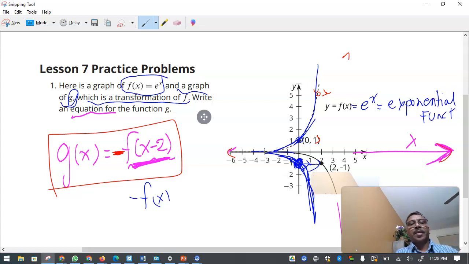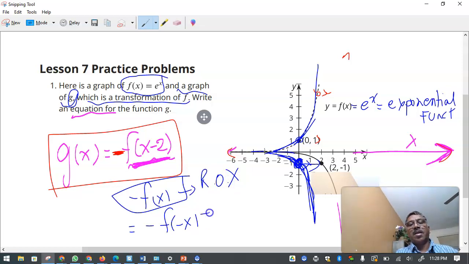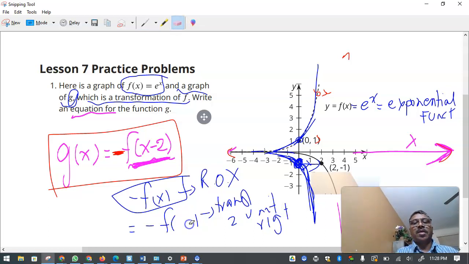And then you put minus. So the first step is you reflect over the x-axis, and then you translate 2 units right. When you translate 2 units right, this x will change to x minus 2. Hope that helps. So let's go to the next one.